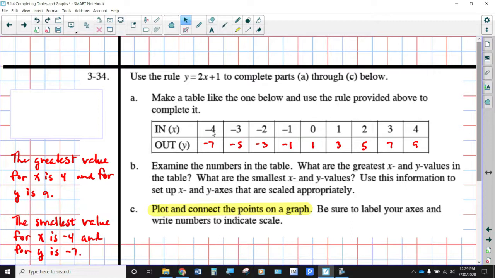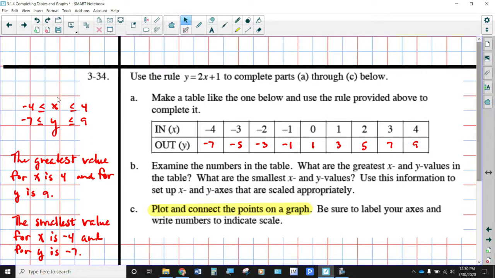Well, the smallest values are negative 4 and negative 7. So there is a way that you can show this with what we call compound inequalities, where basically everything that's written here is the information written in these two sentences. Mathematicians like to create symbols to replace words because we want to write as little as possible to convey an understanding of the mathematics.